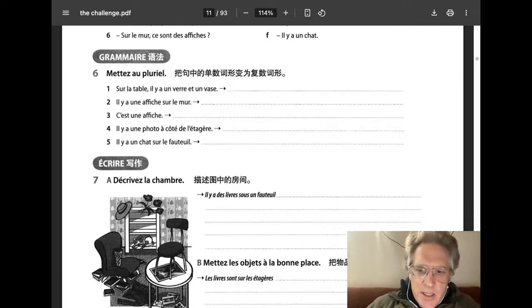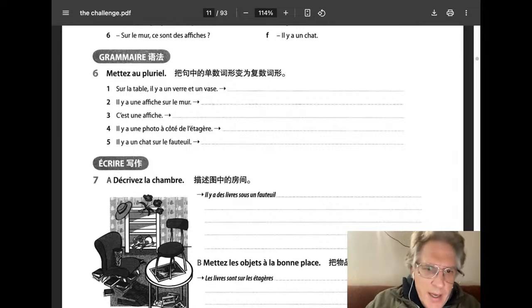I would suggest that 6.4 is il y a des photos with an S à côté de l'étagère.